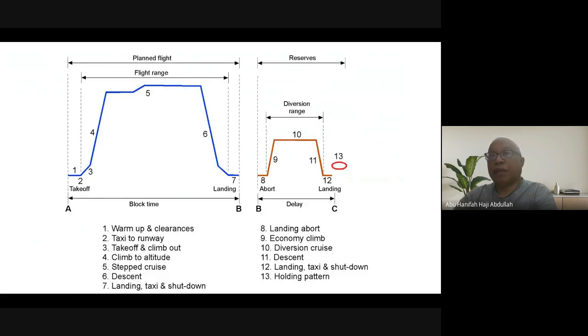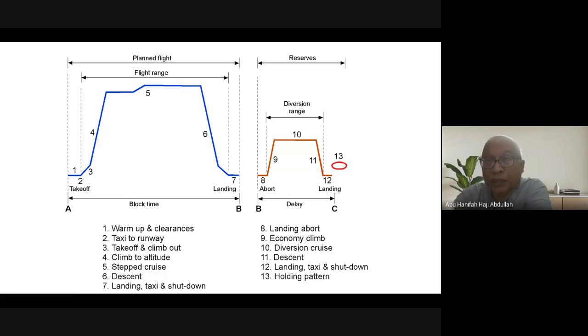Then this is a flight path, a flight profile. So the flight profile goes from takeoff, and then you climb to the cruising altitude, continue flying en route, then you descend, and then you land. But you also need to consider diverting if anything happens.